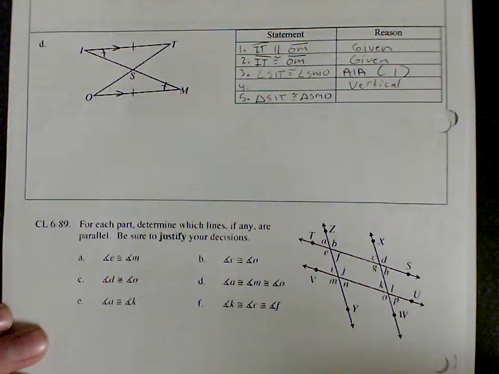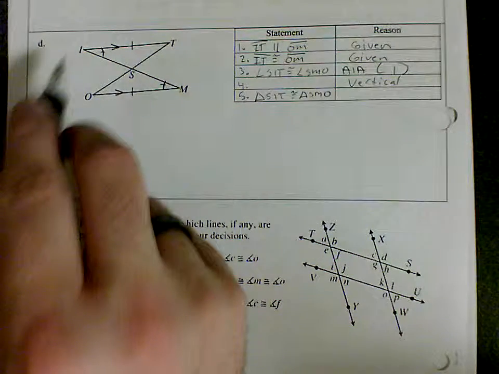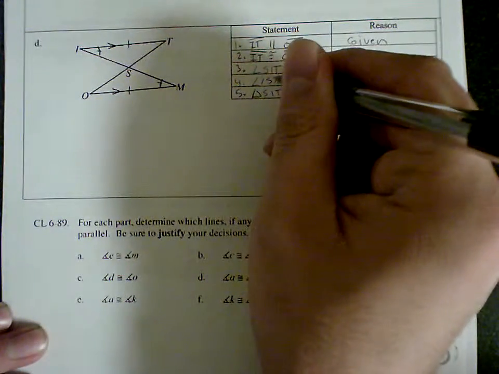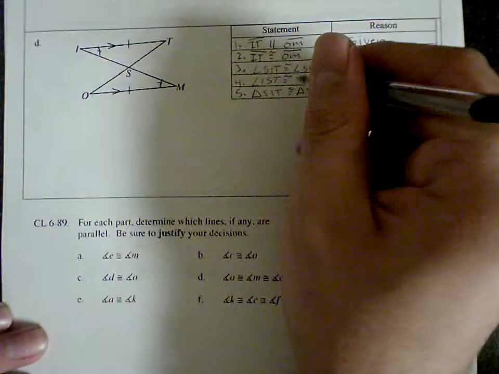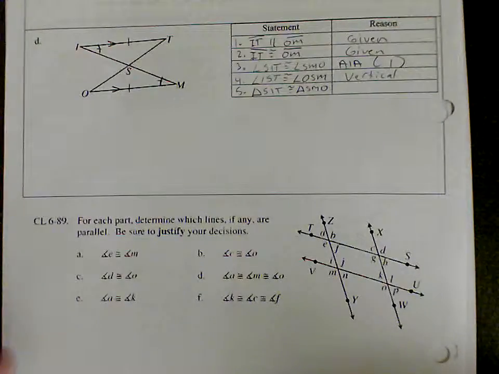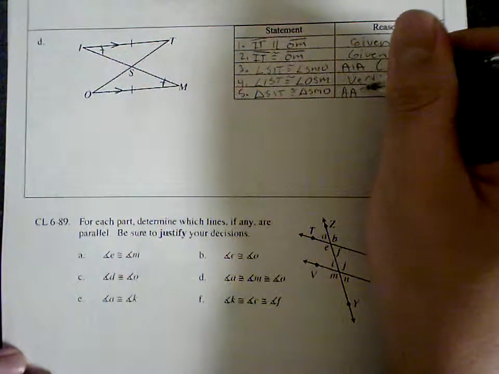And last thing is we need the pair of angles that are congruent by vertical angles. So angle IST is congruent to OSM. Vertical angles. So then lastly, give me the property that says these two triangles are congruent. That'll be angle, angle, side.